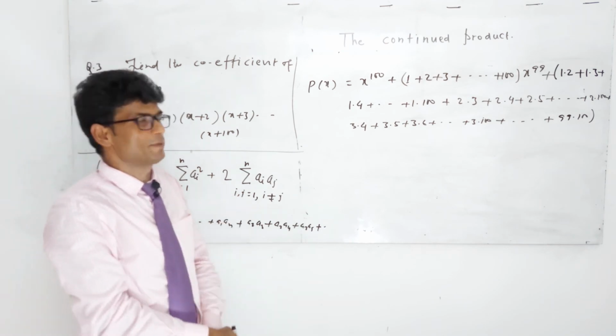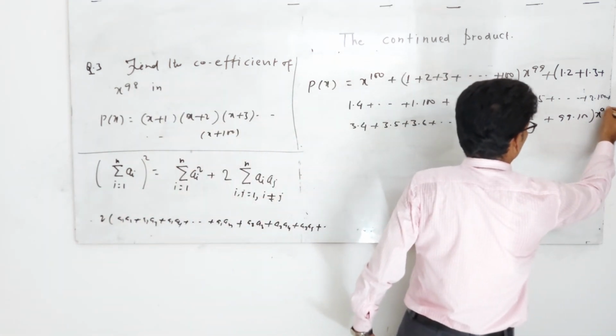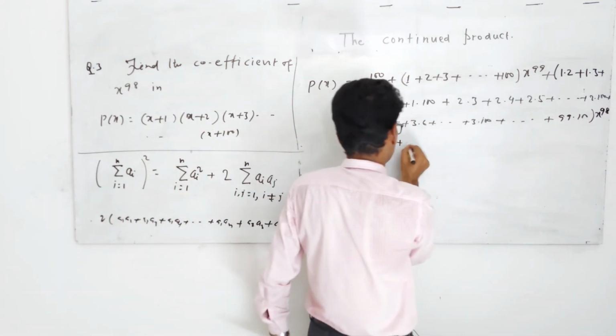These terms are closed by parenthesis, and then multiply it by x to the 98, and plus so on and so forth.